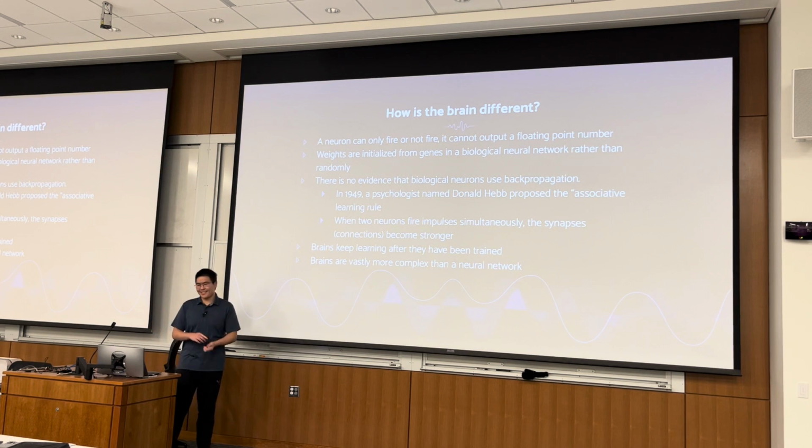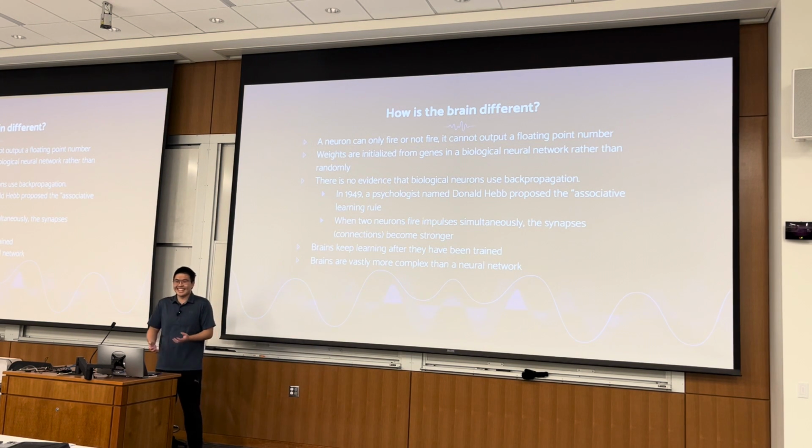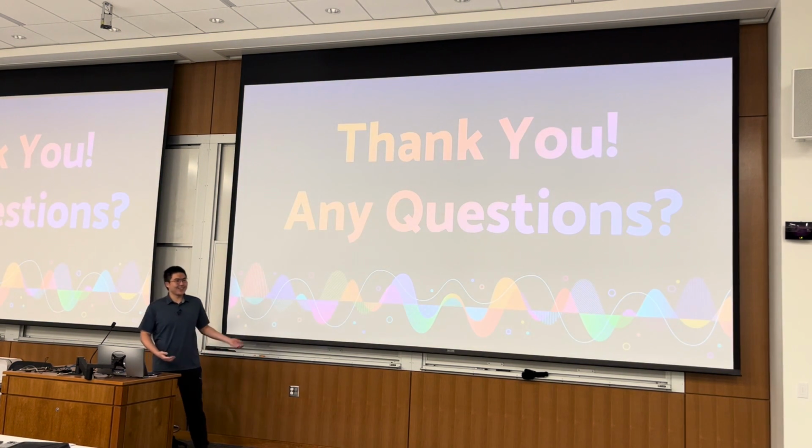They have so many neurons, so many connections, and they can do so many different tasks. You can walk, you can read, you can think, you can do a lot of things. And yeah, that's pretty much it.